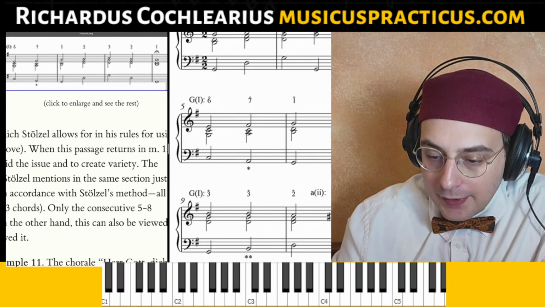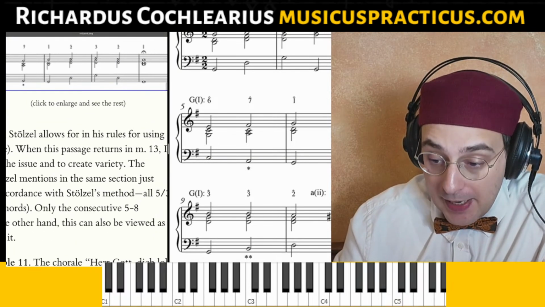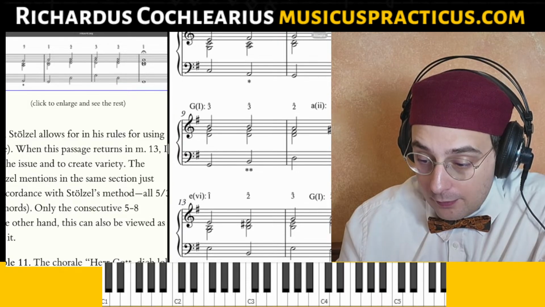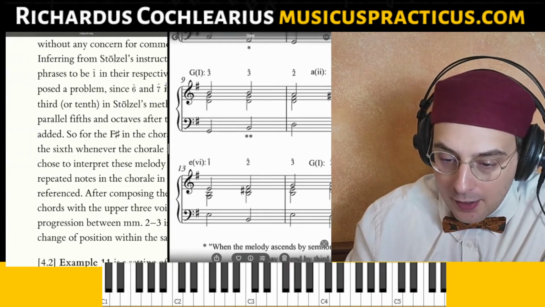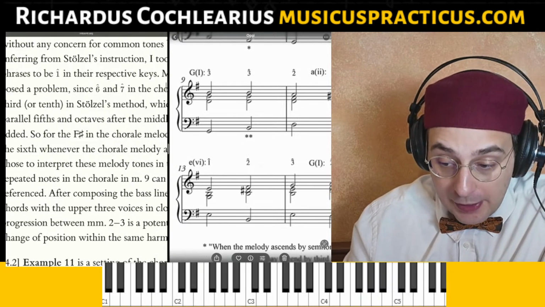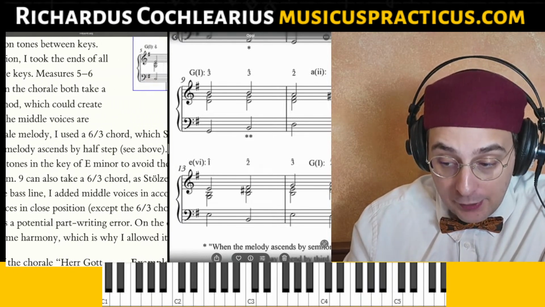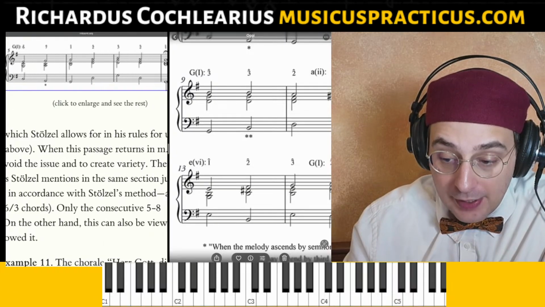When this passage returns in measure 13, this time I chose to interpret this melody tone in the key of E minor to avoid the issue and to create variety.